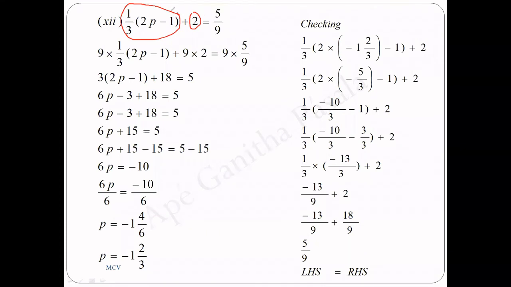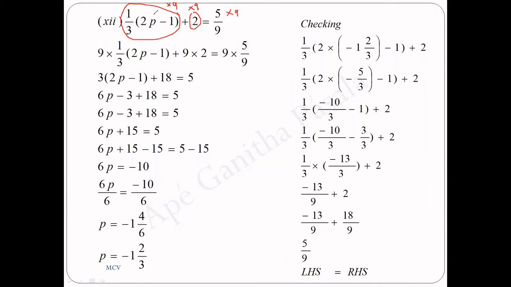Therefore, if I multiply this term by 9, there are two terms on the left hand side, and this term by 9, then we can remove these denominators.